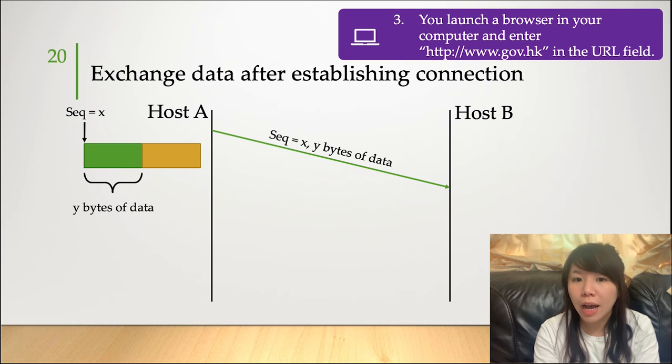This will show how the data is exchanged between two hosts. The sequence number is the byte stream number of the first byte in the segment's data. For example, the first byte of the byte stream is at X and Y bytes of the data will be sent.